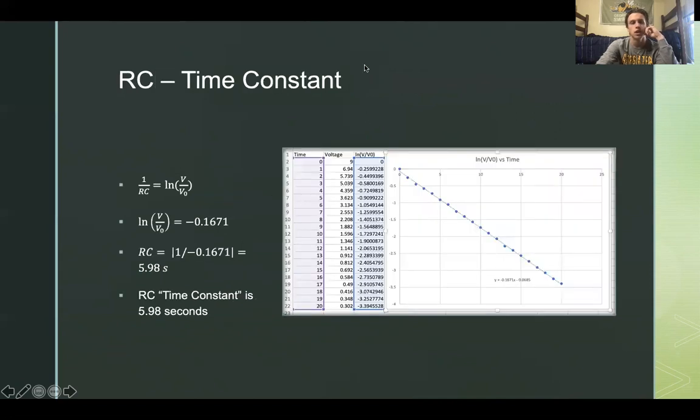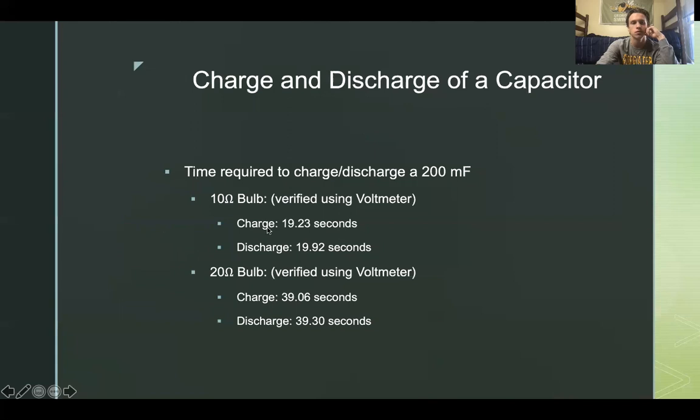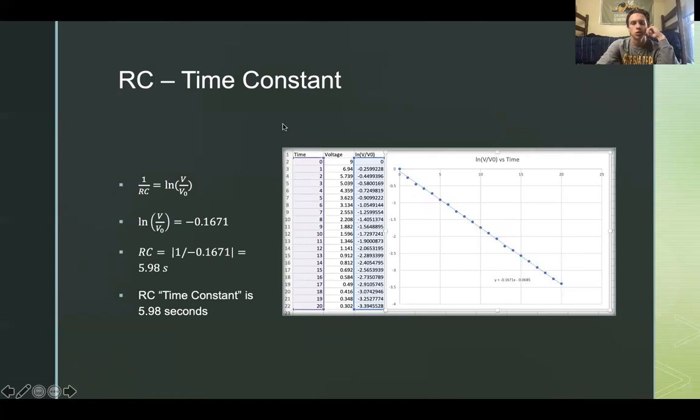For our RC time constant, we set up a similar experiment. We set up a discharge experiment with a 30 ohm bulb, and then we measured the voltage at each second interval from 0 to 20, and divided that by the initial voltage, which is 9 volts.